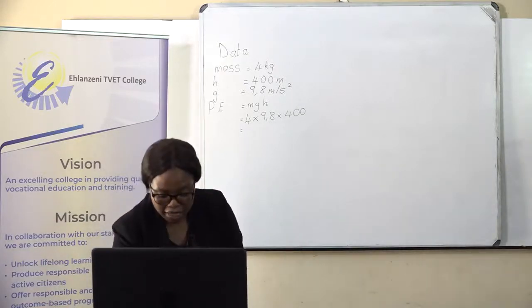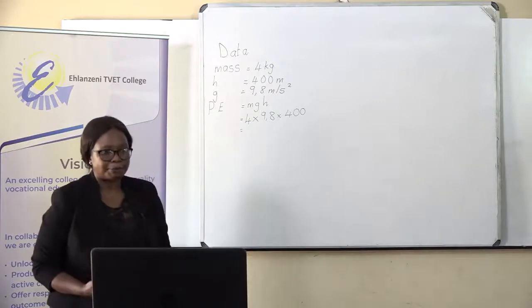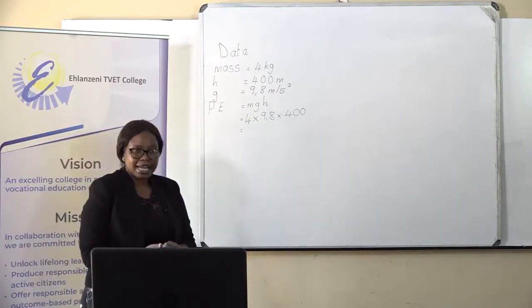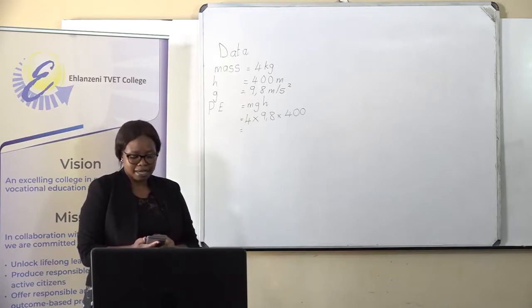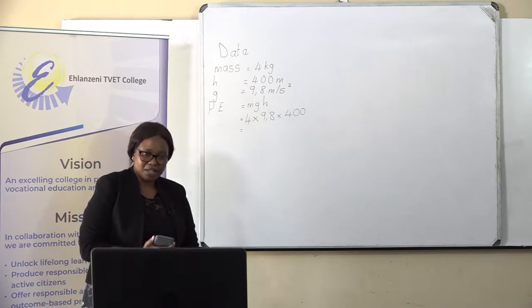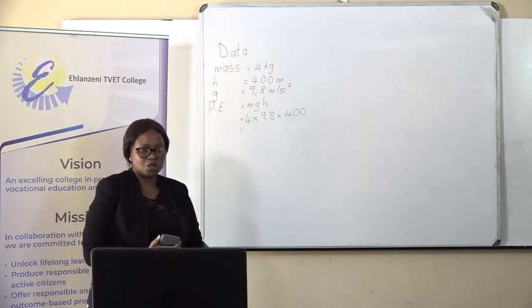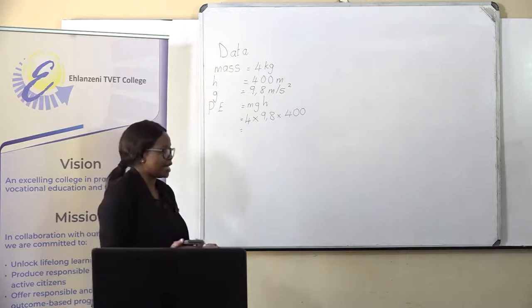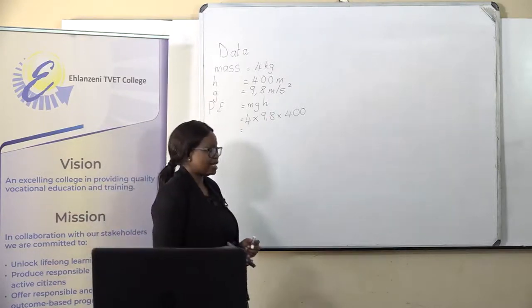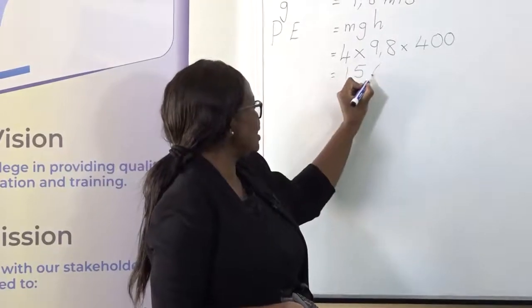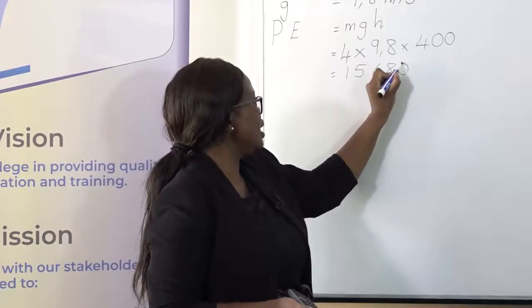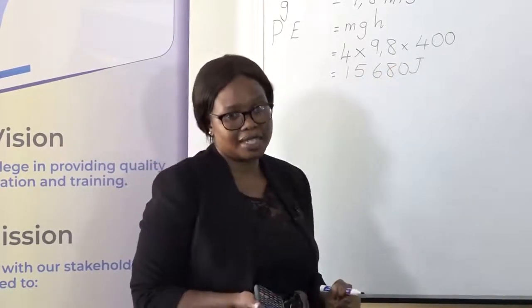What do we get so that we will be able to proceed? 4 times 9.8 times our height, 400 meters. And our answer is 15,680 joules. All forms of energy are measured in joules. You need to indicate that: 15,680 joules. That's our first answer.